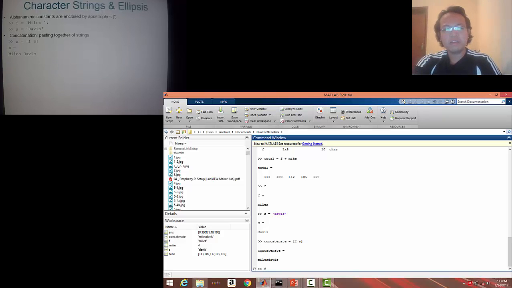So if you do it again, F is equal to 'Miles' with a space like this, and then when you say concatenate, let's, okay, concatenate is equal to F, S, Miles Davis.